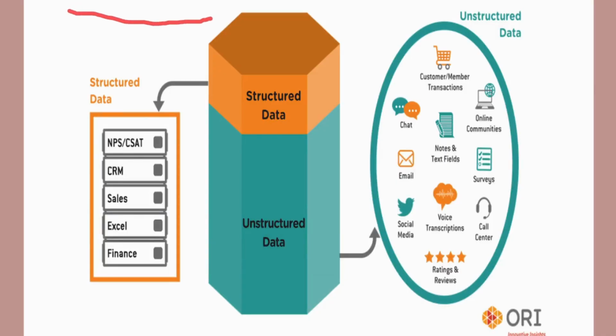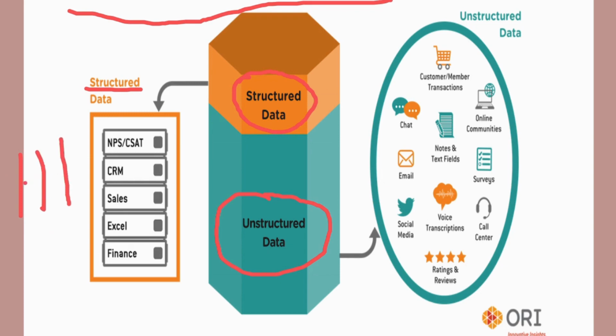Then what is structured data? There are two types of data: one is structured and one is unstructured. Structured data means that data is in the form of a table, a tabular structure. You can see here it has rows and columns.